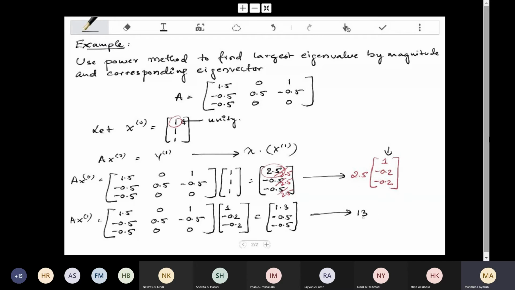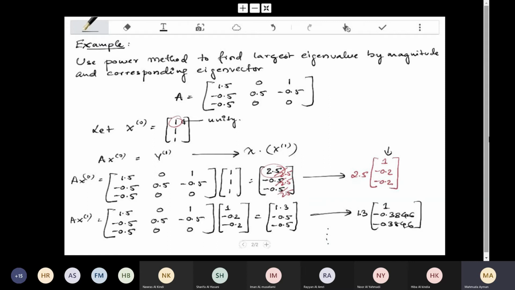So if we scale out 1.3 now, yes, Hiba and Honey, that's correct. We'll get here now 1, and here we have minus 0.3846, minus 0.3846.